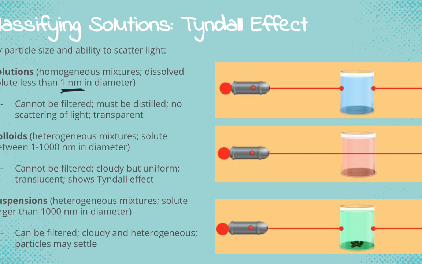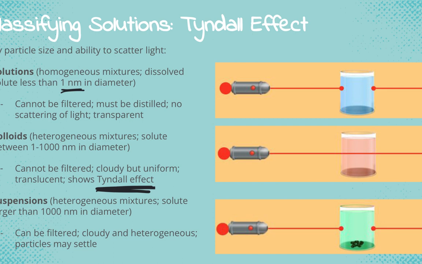So when I shoot that laser through, it doesn't scatter. The laser comes in, floats through, and comes out the other side. In a colloid, you have what is called a positive Tyndall effect.